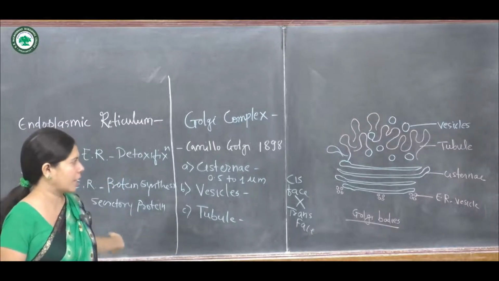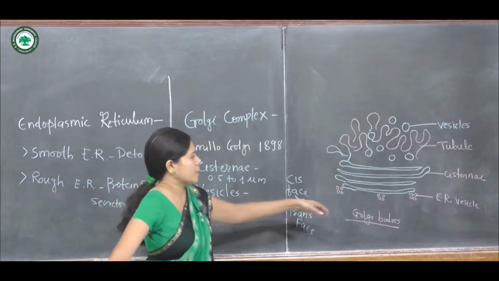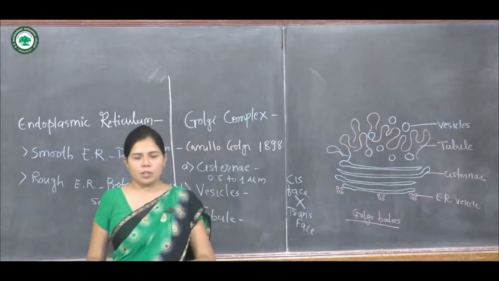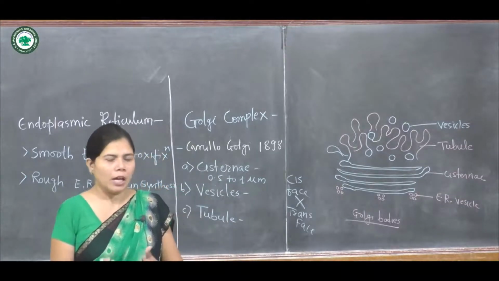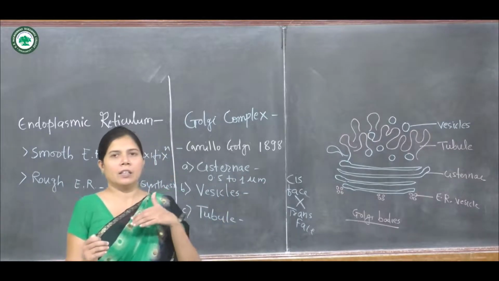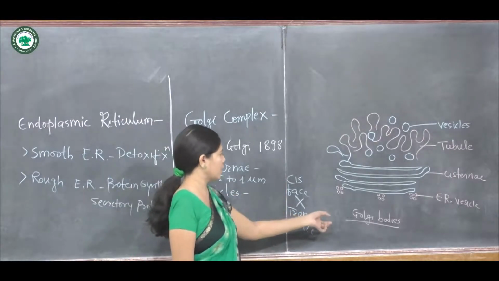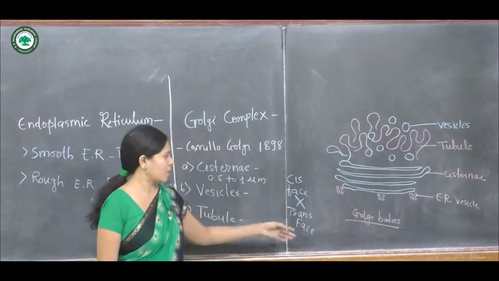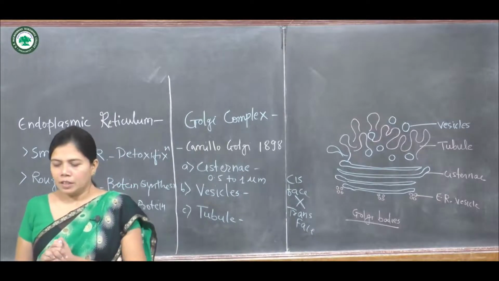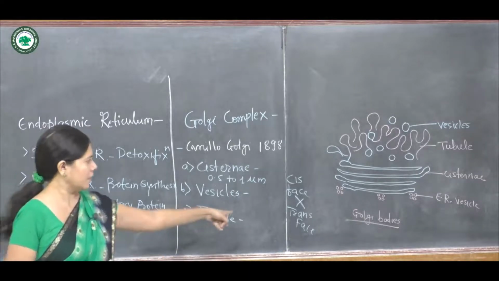The lumen of the endoplasmic reticulum is formed near the Golgi complex, and ER vesicles also attach to the cisternae of the Golgi complex. The side where the cisternae are seen is the cis face, and the opposite side of the Golgi is the trans face.